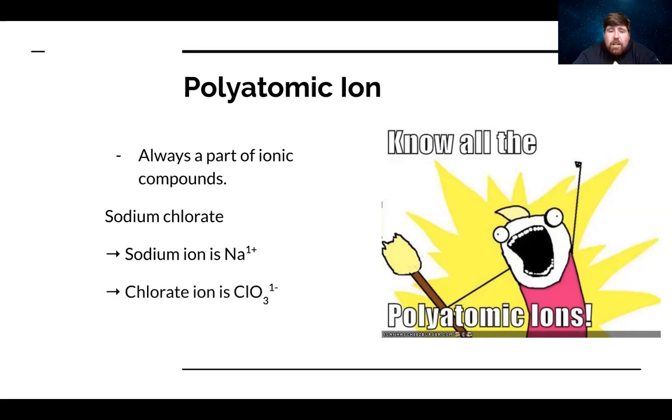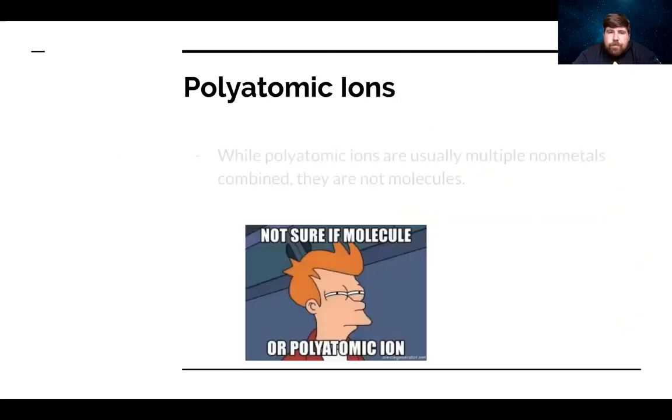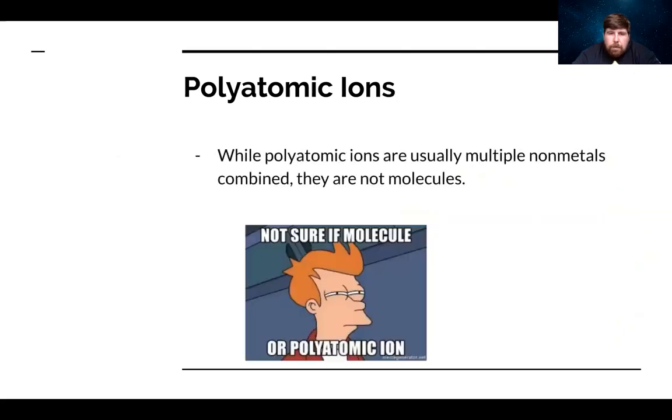It is ClO3, 1 minus: 1 chlorine and 3 oxygens, and that whole particle has a charge of -1. So if the charges are +1 and -1, these two ions will come together in a 1-to-1 ratio. The formula for sodium chlorate is NaClO3.